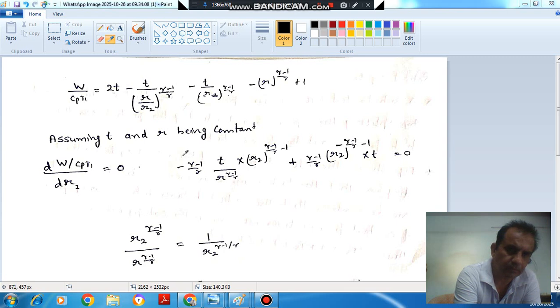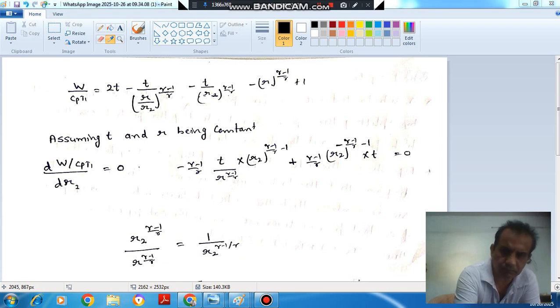This will be minus (gamma minus 1) by gamma T divided by this R raised to the power (gamma minus 1) by gamma into, we are differentiating this with respect to R2, R2 raised to the power (gamma minus 1) by gamma minus 1, and here T is already there, plus (gamma minus 1) by gamma R2 raised to the power minus (gamma minus 1) by gamma minus 1.